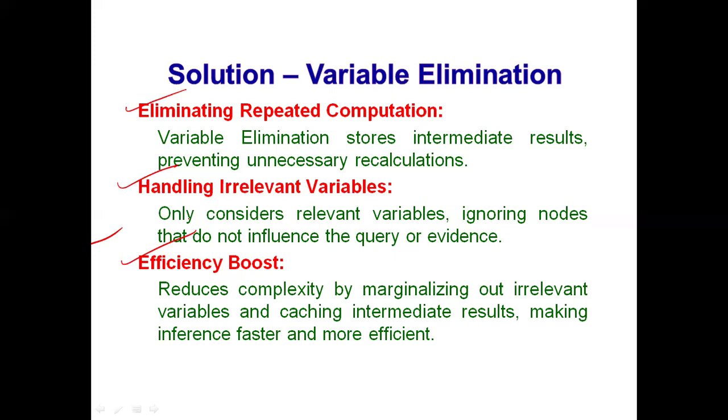So in this way, we can use variable elimination. Coming to the conclusion, Bayesian networks provide a powerful framework for modeling uncertainty and capturing relationships between variables using probability and graph theory. Understanding inference techniques such as enumeration, variable elimination, and approximate methods is essential for deriving meaningful insights from these networks.